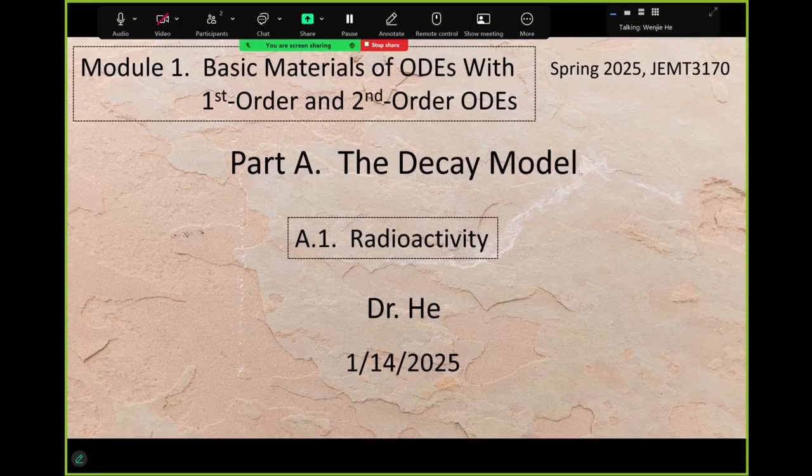So the title of the module: Basic Materials of ODEs, with First Order and Second Order ODEs. Those ODEs are pretty simple. Based on my experience last time, many of you learned how to solve those relatively simple first order, second order ODEs.